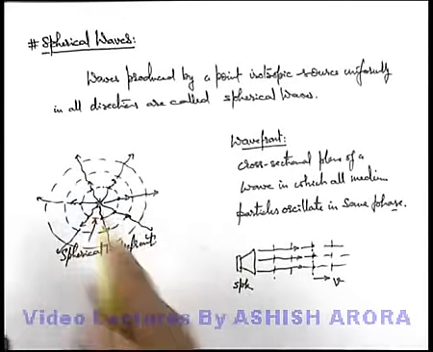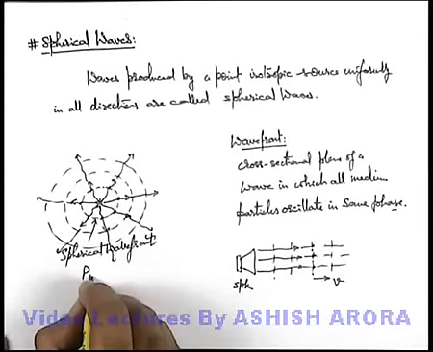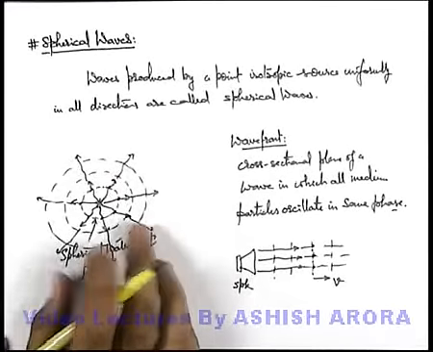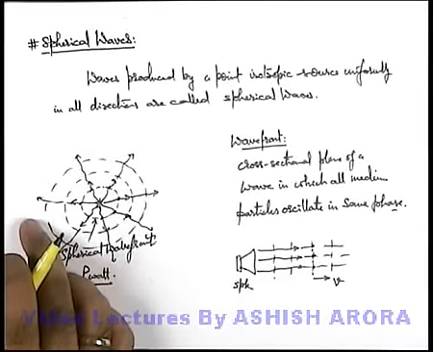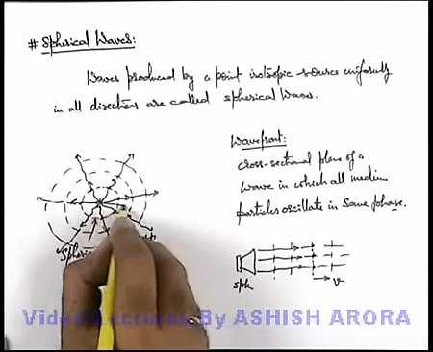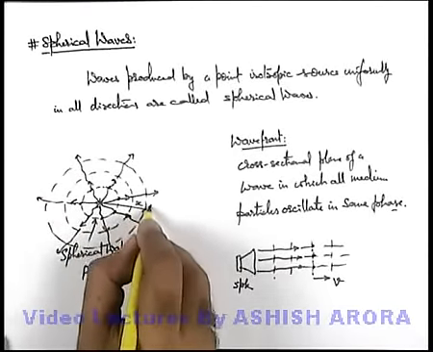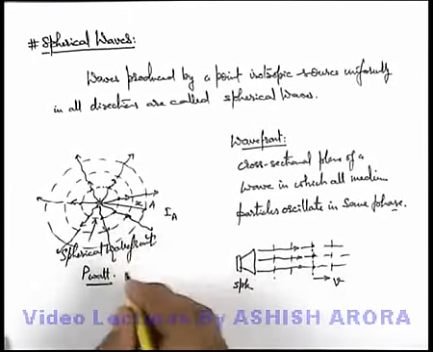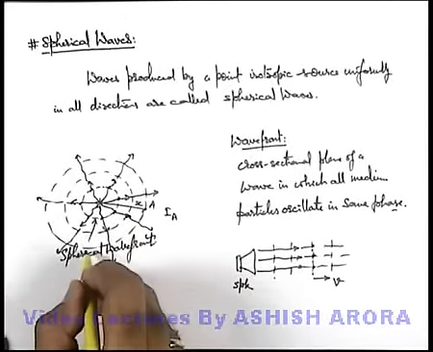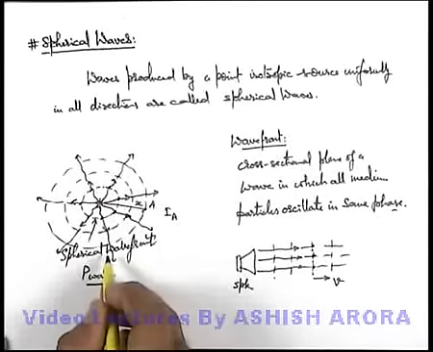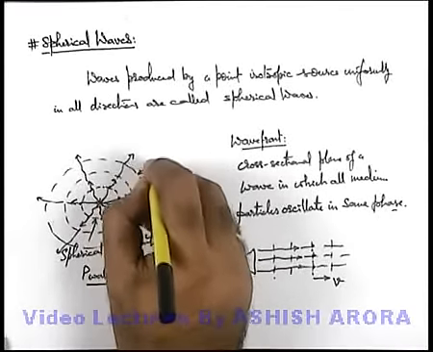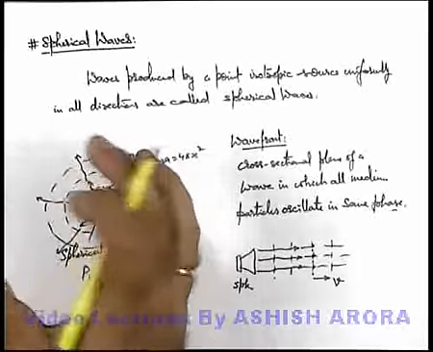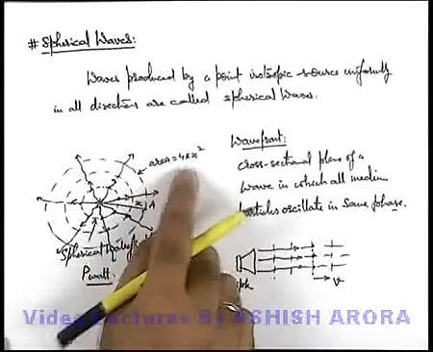sound. So if this source is of power P watt, then we can say the power is distributed in the whole surrounding three-dimensional space. If we find the intensity of sound at a point A at a distance x from the source, we can say the power P is distributed over the whole spherical zone, which has surface area 4 pi x square, because this is a spherical surface of radius x.